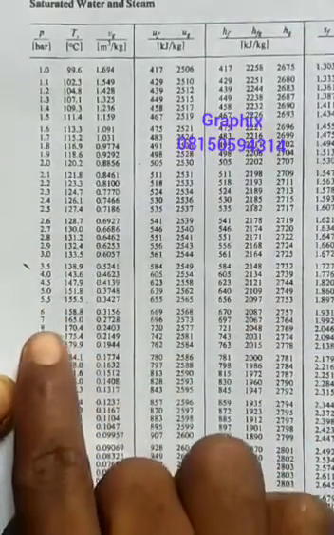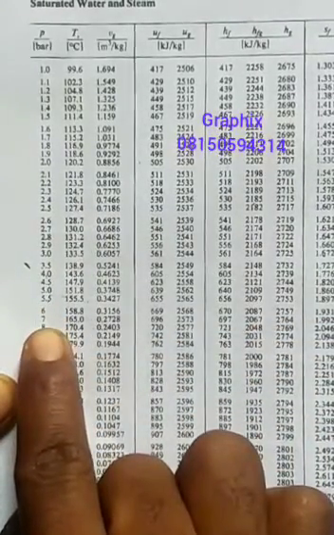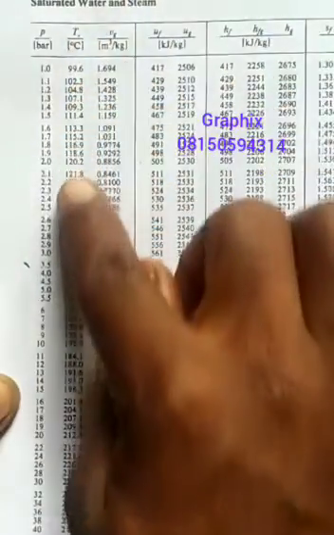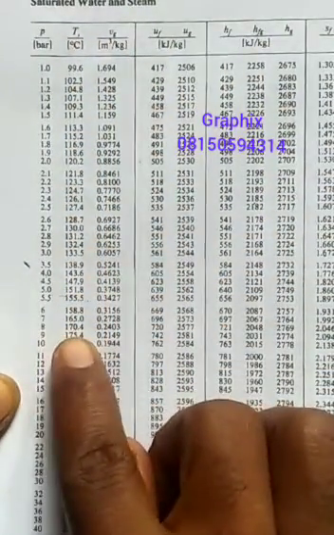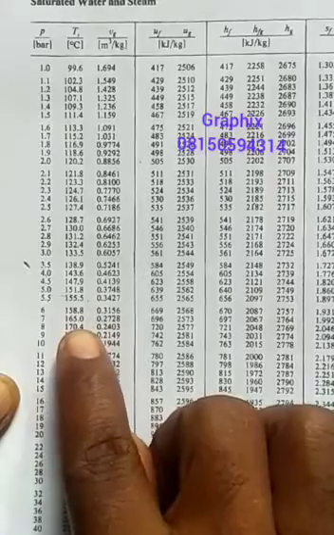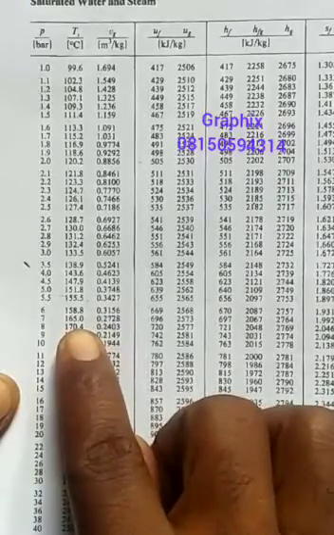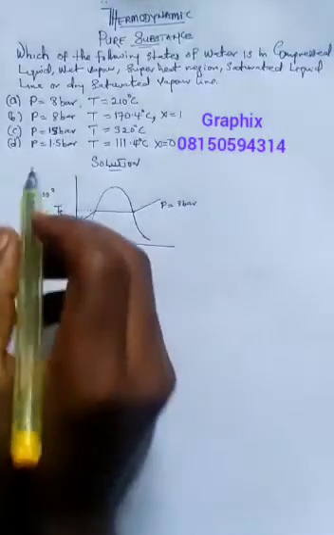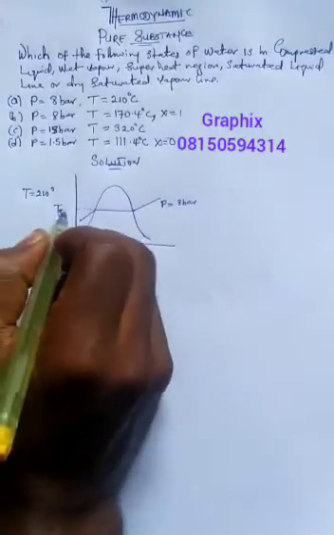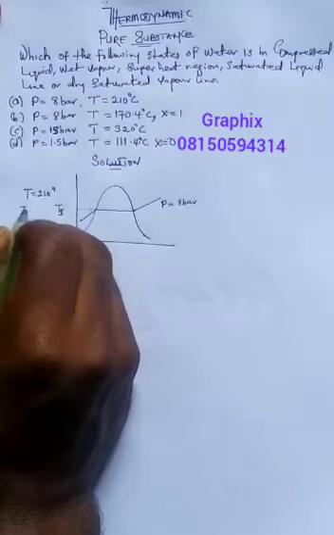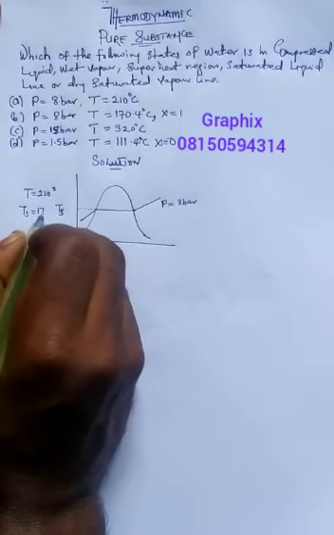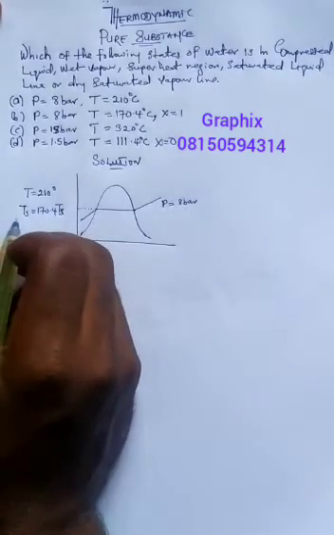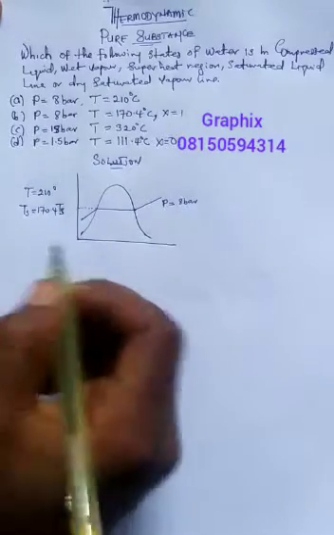This is the 8 bar here. So the temperature corresponding to the 8 bar is 170.4 degrees Celsius. So it's giving us that our TS is equal to 170.4. Are we good?